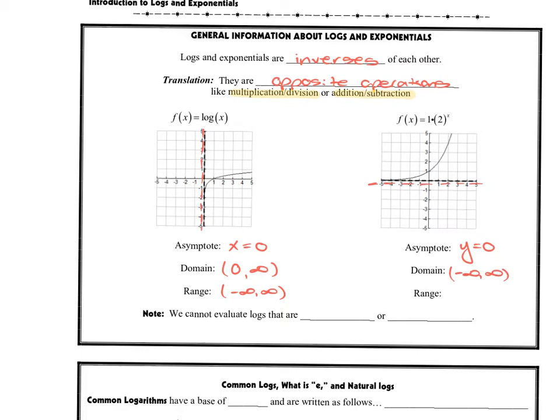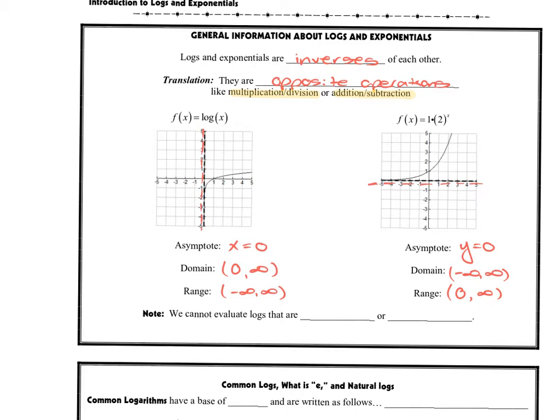But my range is restricted to one side of the horizontal asymptote, so my range will start at 0, non-inclusive, and go to positive infinity. Whereas our logarithms would rise very quickly and then flatten out, our exponentials behave in an opposite way. They start out very flat and then rise quickly.